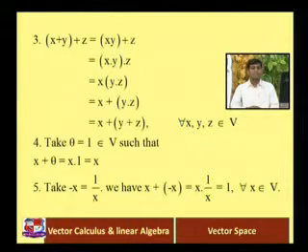If we take theta equal to 1, it belongs to V. Now 1 is a positive real number, so that also belongs to V, and x plus theta is equal to x into 1, using the definition of addition. So x into 1 is equal to x. Okay, so identity is 1.